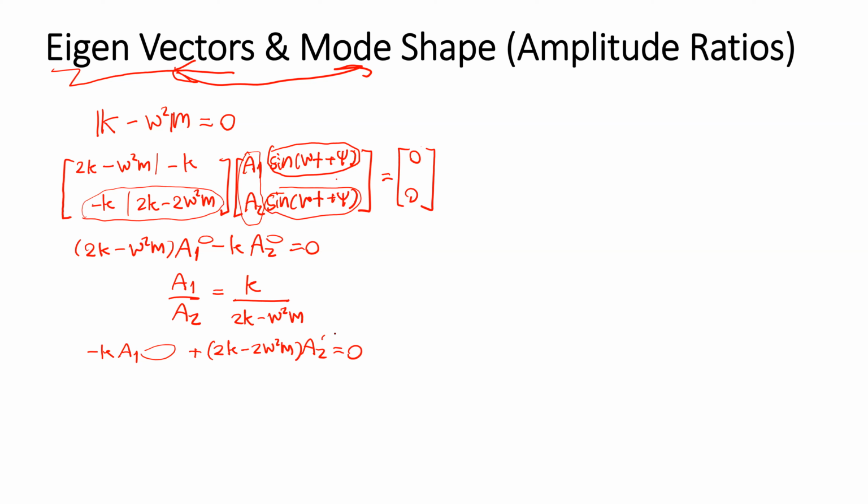This is also multiplied by the psi function, but the psi function is the same. So we also can obtain a1 per a2 as the ratio of 2k subtract 2 omega square m divided by k.